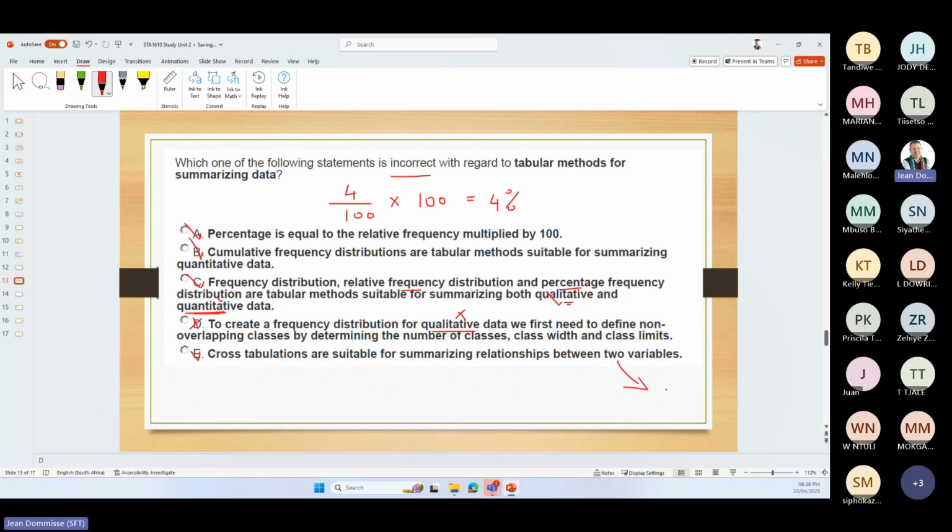We'll cover it in study unit 10 as well when we look at other variables that we're going to analyze. So when we look at how to summarize two variables, a crosstab is a very nice way of summarizing two data variables, because let's quickly show you guys.